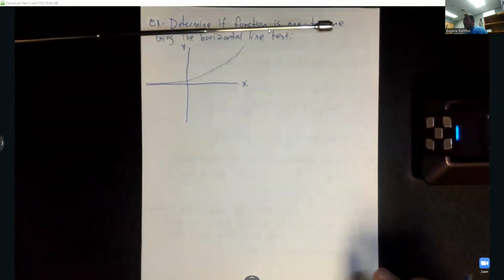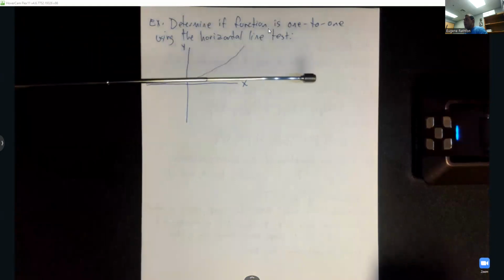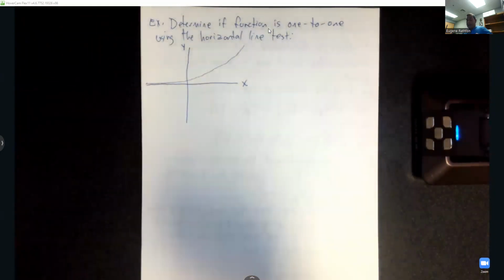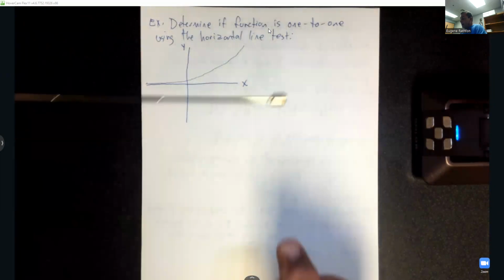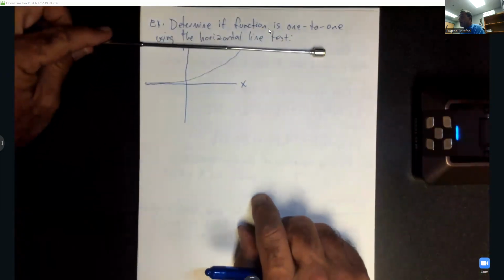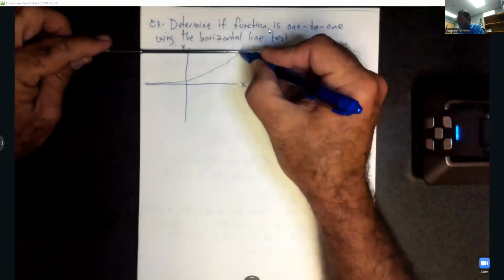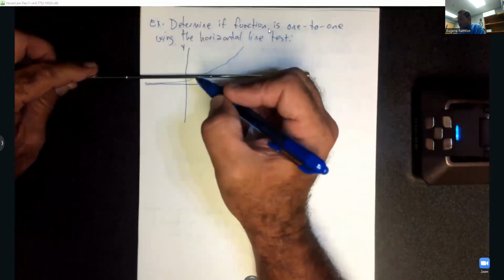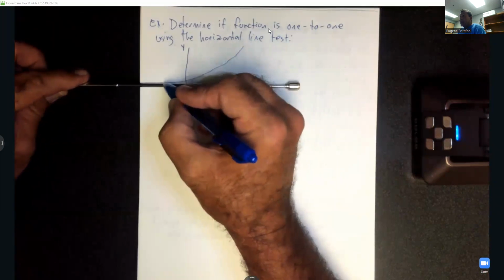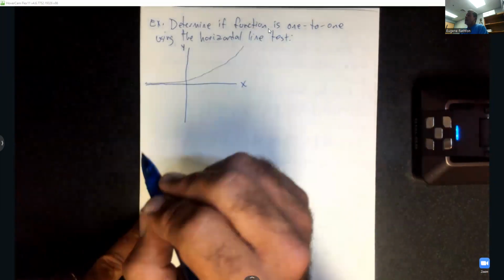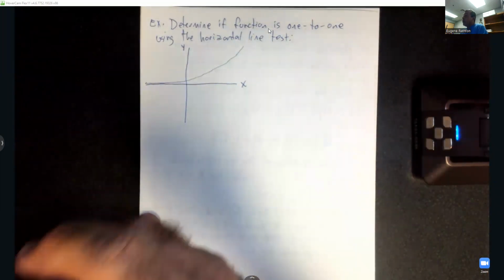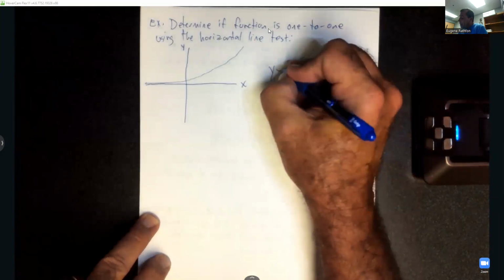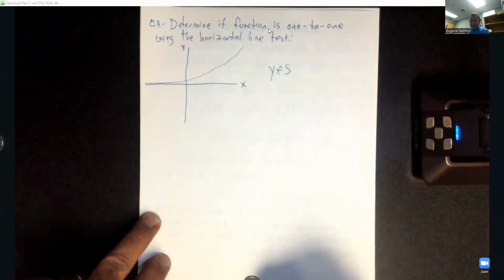And remember, horizontal lines go across it horizontally. So if I run this horizontal line down my graph, notice it's only intersecting it once. No matter where I get, it's only going to intersect it one time. So since it only intersects my graph one time anywhere, this would be a yes.